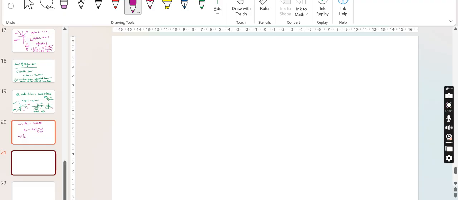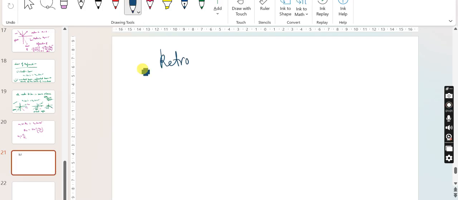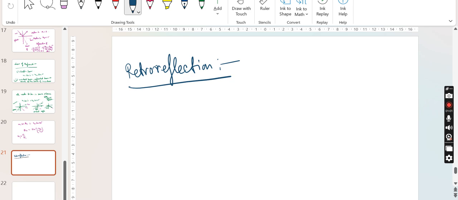There is a thing called retroreflection. So what is basically a retroreflection?